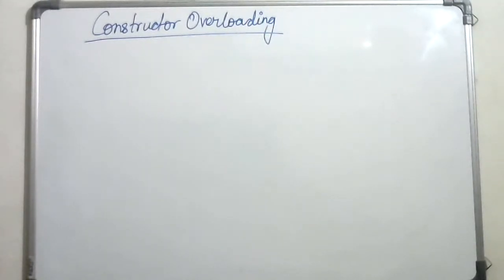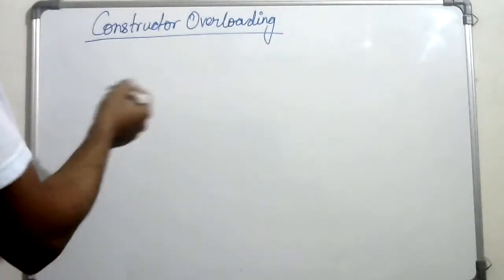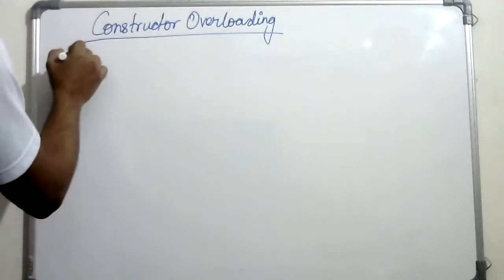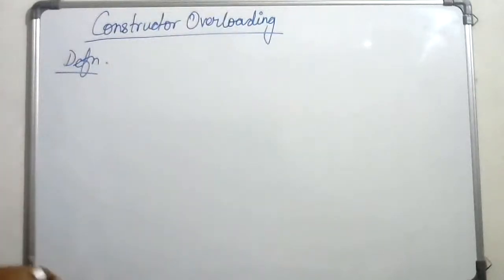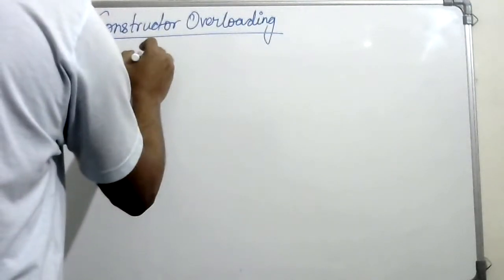In case of constructors, since they do not have any return type, the only way to differentiate is by the type and the number of arguments. So constructor overloading, the definition is the same as that of method overloading.